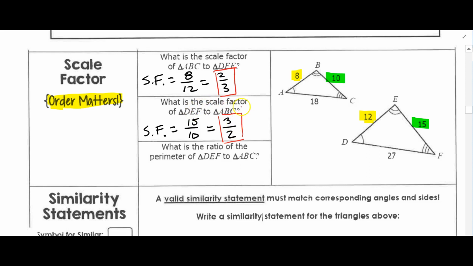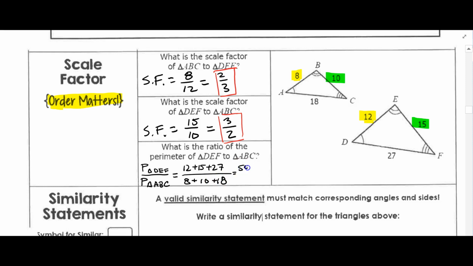Alright, and then the last part here, what is the ratio of the perimeter of triangle DEF to the perimeter of triangle ABC? So DEF, its sides are 12 plus 15 plus 27, and ABC is 8 plus 10 plus 18.